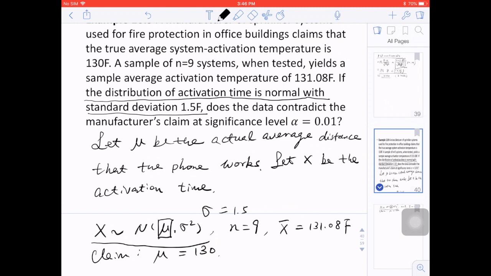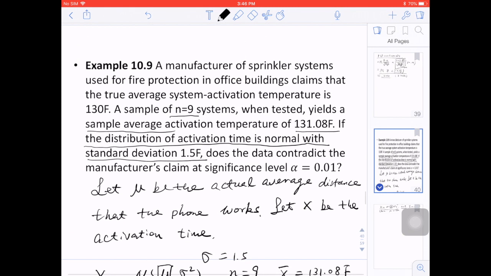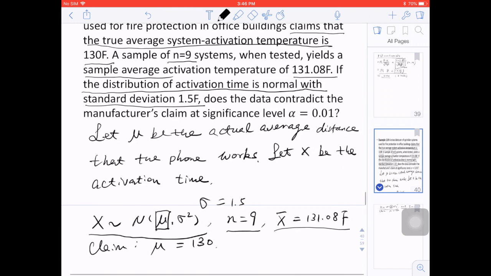What else do we know? The sample size n is equal to 9, and the sample average is equal to 131.08, which means my x bar is equal to this value. In the beginning of the problem, the claim says the true average system activation temperature is 130 degrees.